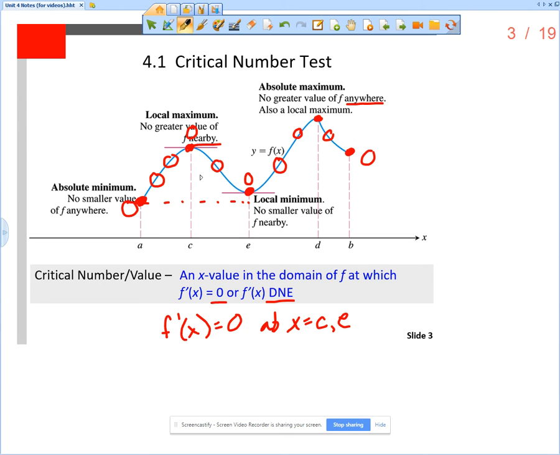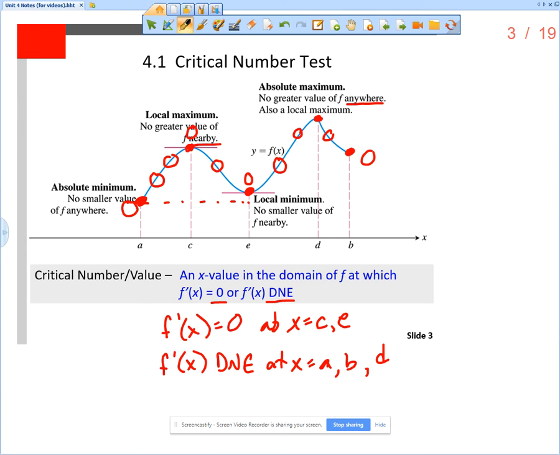The horizontal tangent here, horizontal tangent here. But where is f prime of x nonexistent or undefined? That would be at the endpoints A and B, but then also at any corner point, cusp, or vertical tangent. So that would be D.